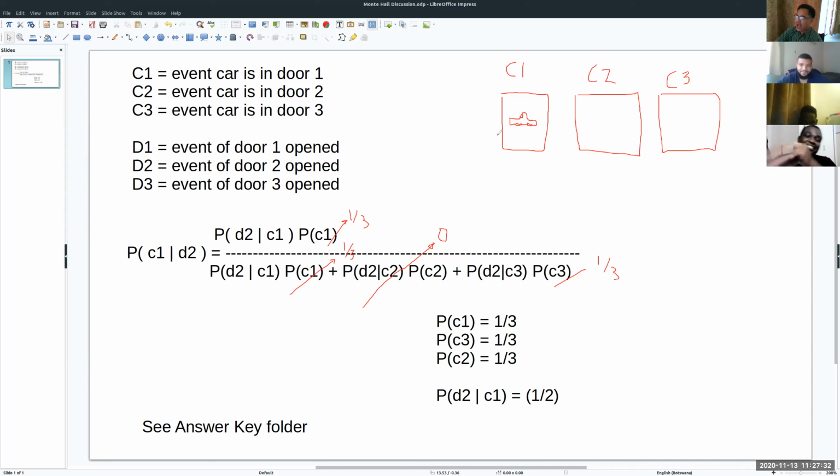So now, he knows that the car is in door 1. So what is the probability of opening door 2? That means there are only two possibilities for him. So it solves our problem from before. Our problem was asking what if the guy chooses door 1 or door 2, then if the guy chooses C1, you only have one possibility of choosing C3.